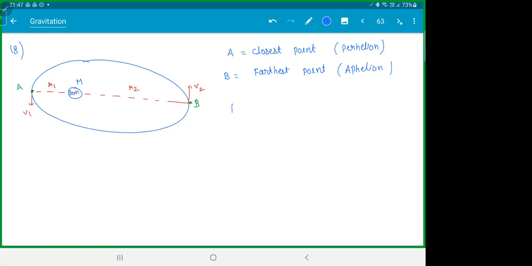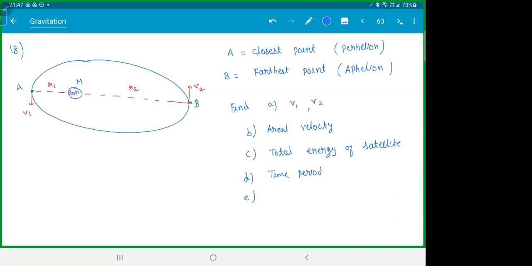So in this question, we know R1 and R2. The first question is, find V1, V2. Second, find areal velocity. Third, find total energy of the satellite. Time period. Length of the minor axis.